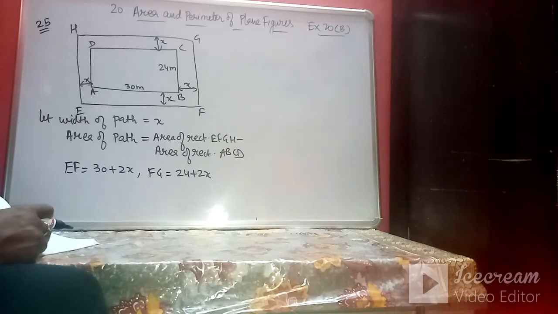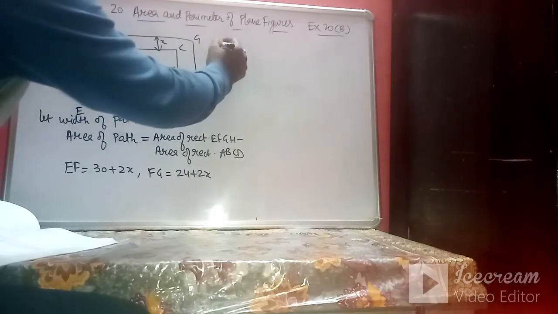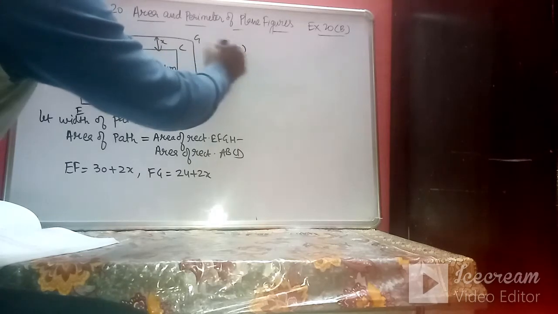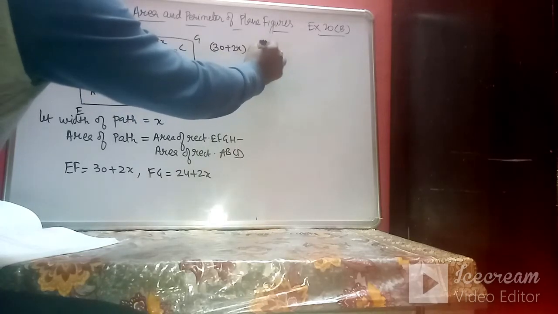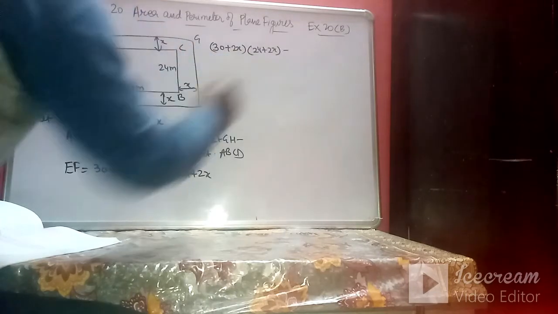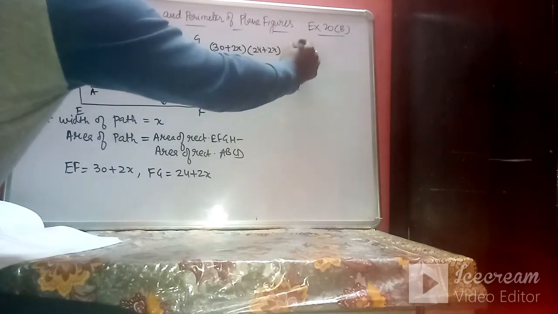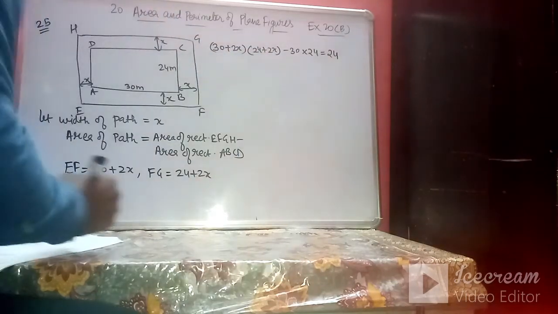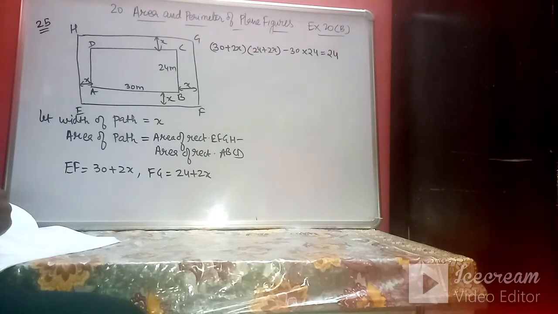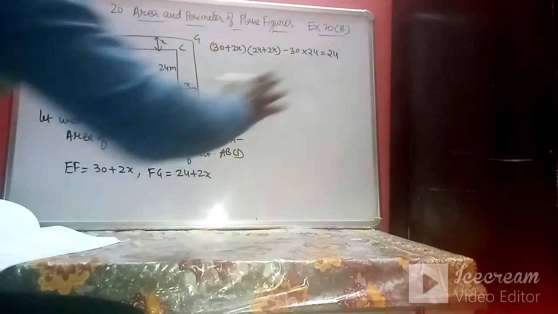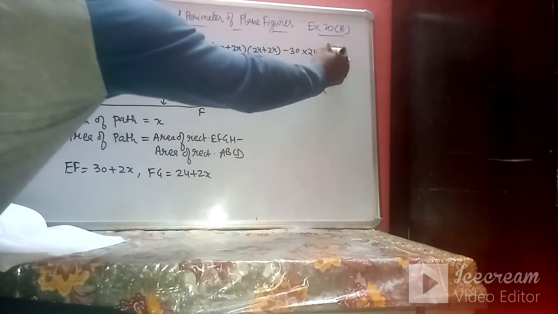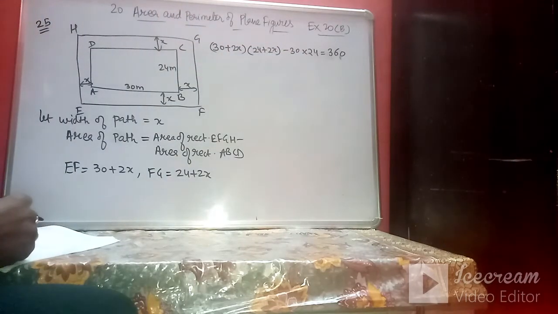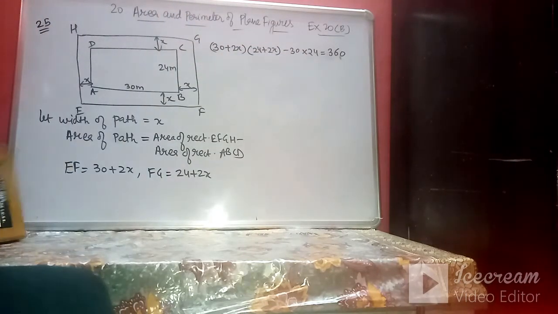Hence we have an equation: (30 plus 2x) into (24 plus 2x) minus 30 into 24, which is given as equal to 360 meter square. So this area of path is given.